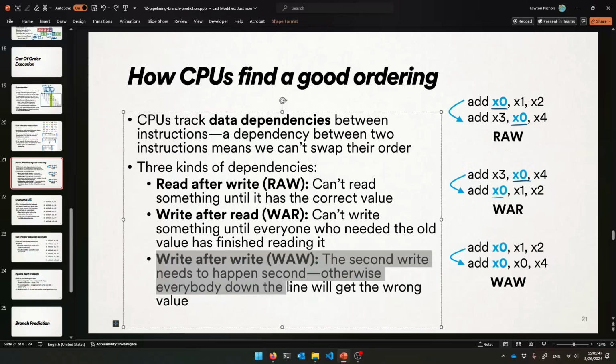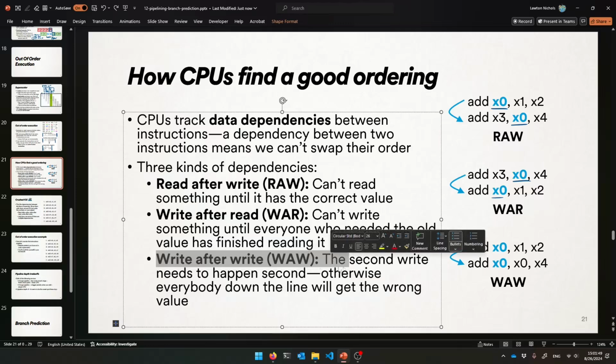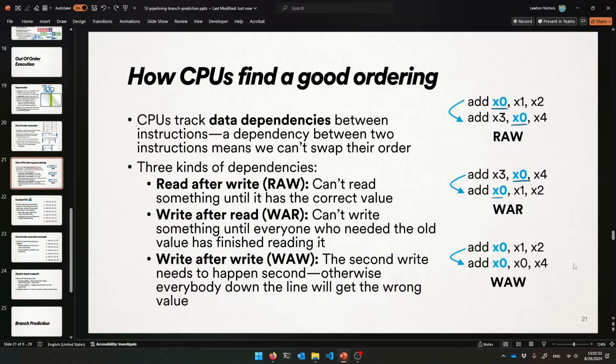All right, what about write after write? That's the last kind of dependency, okay? So this is another fun one. You cannot swap these guys. They're both writing to x0, and the reason you can't swap them is because you have to think about what's below, right? The stuff below is banking on this value of x0, the one that is being computed here. See that? So that's very important, all right? This x0 value needs to be the one that's propagated down here.